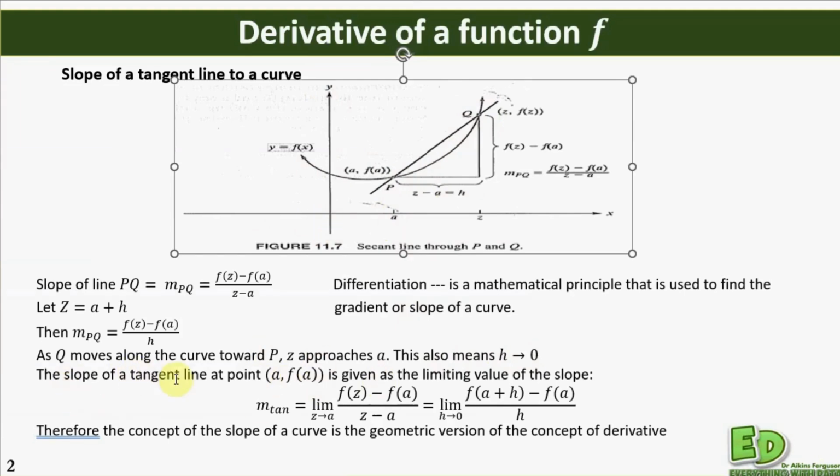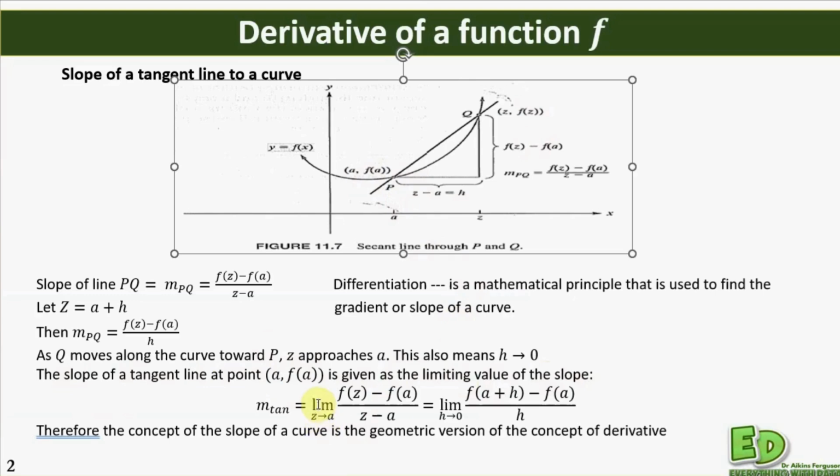The slope of a tangent line at point A, f of A, is given as the limiting value of the slope. It simply means that this point P is the area of interest, which is going to help us find the slope of this tangent line to the curve. Okay, so we need limits.